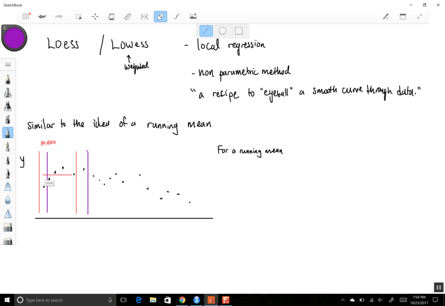A little bit higher, maybe like right there. Is that okay? And then I move on, and now I'm going to look at these 5 values, and now it's going to be right there or something. Or maybe it's hard to draw.